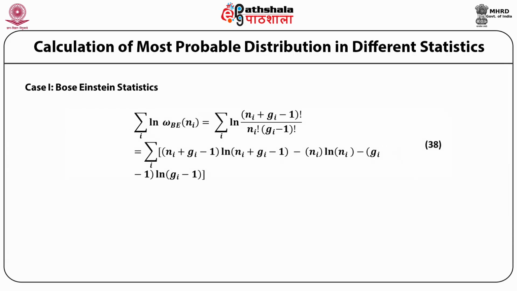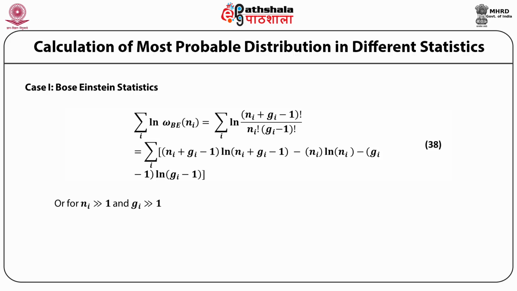Summation over i log of omega Bose-Einstein as a function of ni is equal to summation over i log of (ni plus gi minus 1) factorial divided by ni factorial multiplied by (gi minus 1) factorial, which is equal to summation over i (ni plus gi minus 1) multiplied by log of (ni plus gi minus 1) minus ni multiplied by log of ni minus (gi minus 1) log of (gi minus 1).